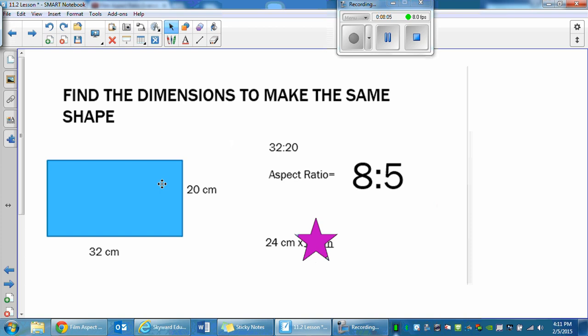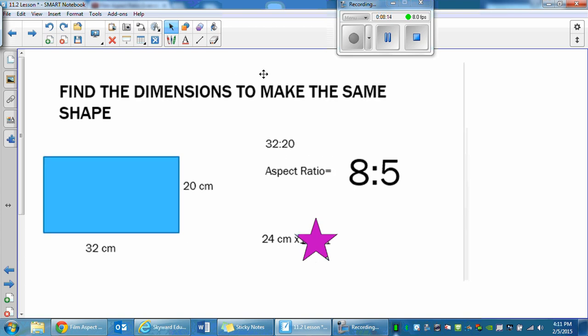Another way to think about it is, so here's the picture. I found my aspect ratio of the picture by reducing the 32 to 20 to simplest form and got 8 over 5. So another way to do this same problem is to just use a proportion because these are all proportional to each other. So I have the width over the height is equal to the width over the height.